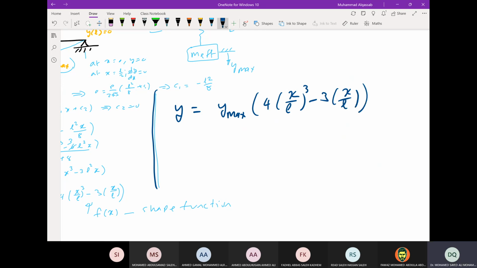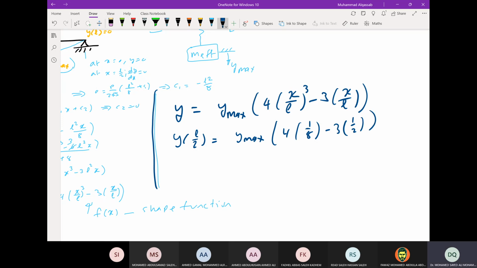So this should satisfy the boundary conditions that when x equal to 0, y is 0, right? And when x equal to L over 2, this should equal to y maximum. And we can see if it is not equal to y maximum, maybe there is a factor of half here. Okay, so let me just make y at L over 2, this will equal to y maximum times 4 times 1 over 8 minus 3 times 1 over 2.